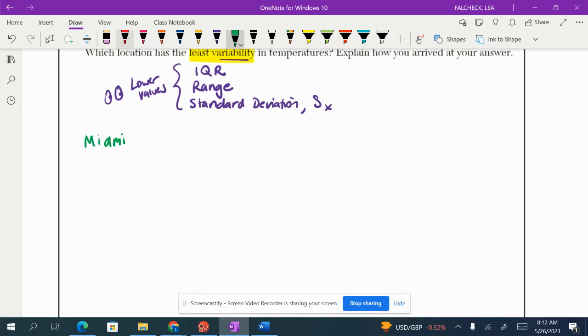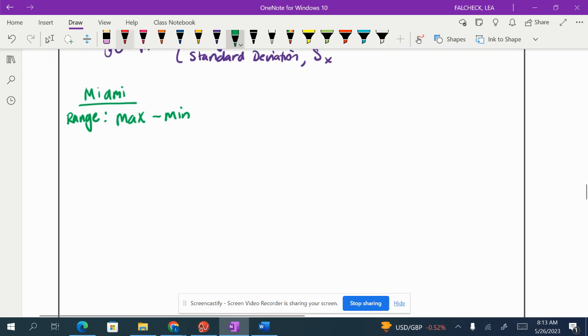Okay. So for Miami, we want the range. But remember, your calculator doesn't give you range. It gives you the maximum and it also gives you the minimum. So you're going to need to calculate the range by hand by finding the maximum minus the minimum. For Miami, we're also going to want to find the IQR. Your calculator does not give you the IQR, but you need to know that the IQR is Q3 minus Q1.